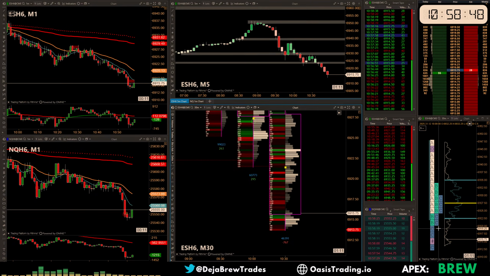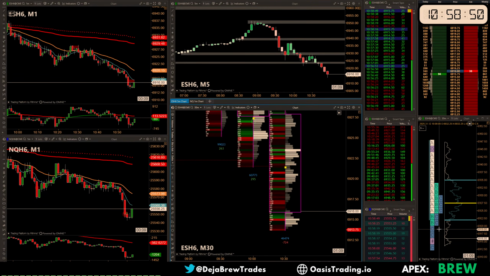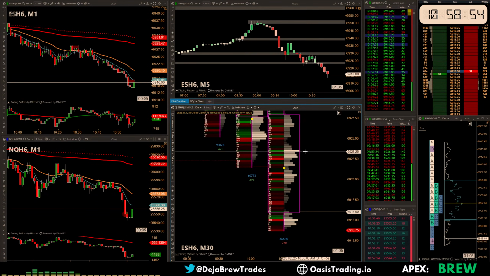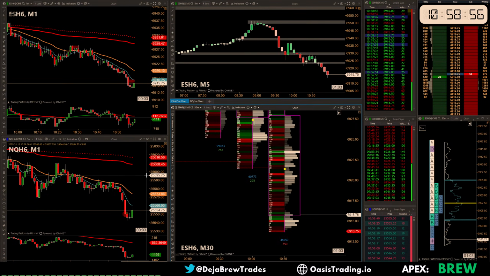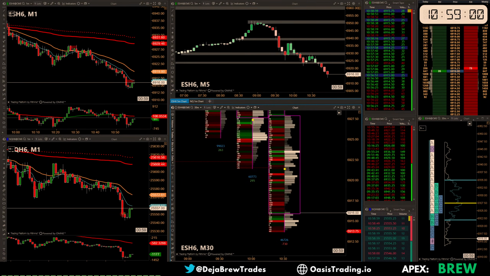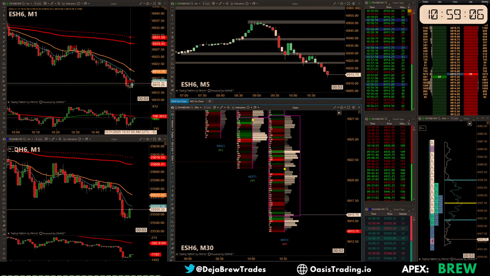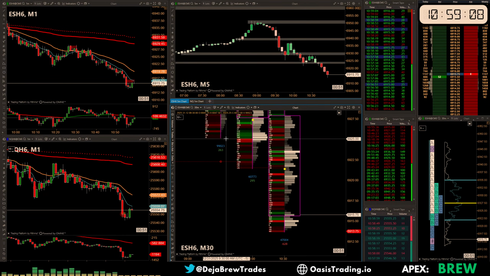Keep it on the close here in 1 minute. The candle close, I mean. Possibly some single prints going back to that overnight low. Those are delta imbalances, so the delta is really high there.